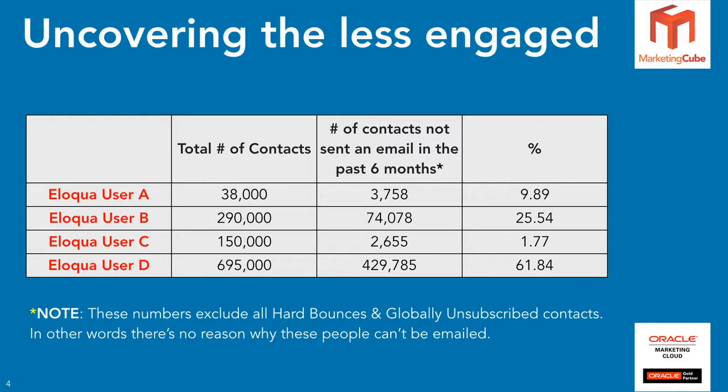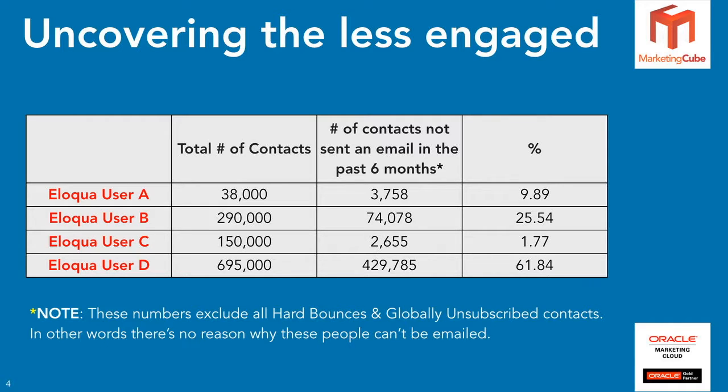So here's a group of people that are just constantly getting missed as you're going through the process of executing and building your campaigns. You can see it really differs quite significantly in relation to the size of the group of people that have not been sent an email in the past 6 months.